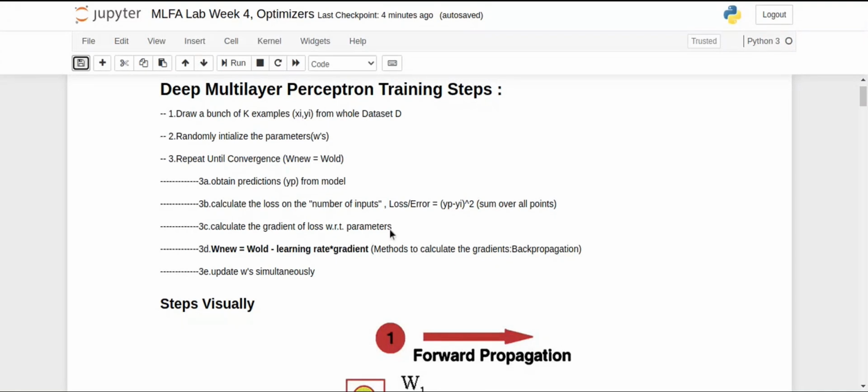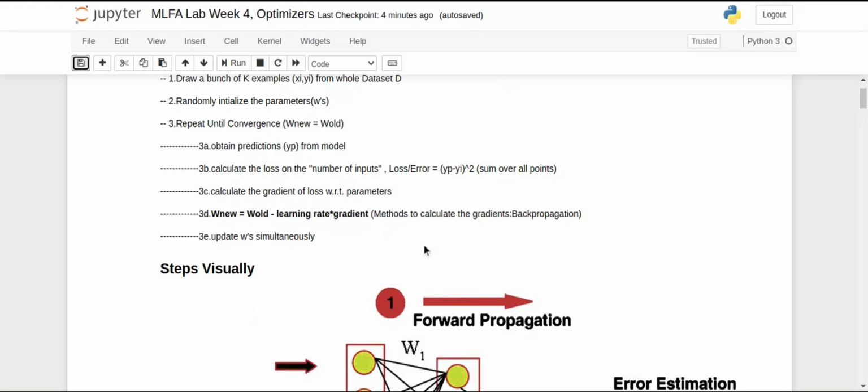Then you take the gradient, or differentiate it with respect to the weights, and then you backpropagate this loss to change the weights until the weights converge. I will discuss it with examples. Then update the w simultaneously, and this process continues until w new equals w old.